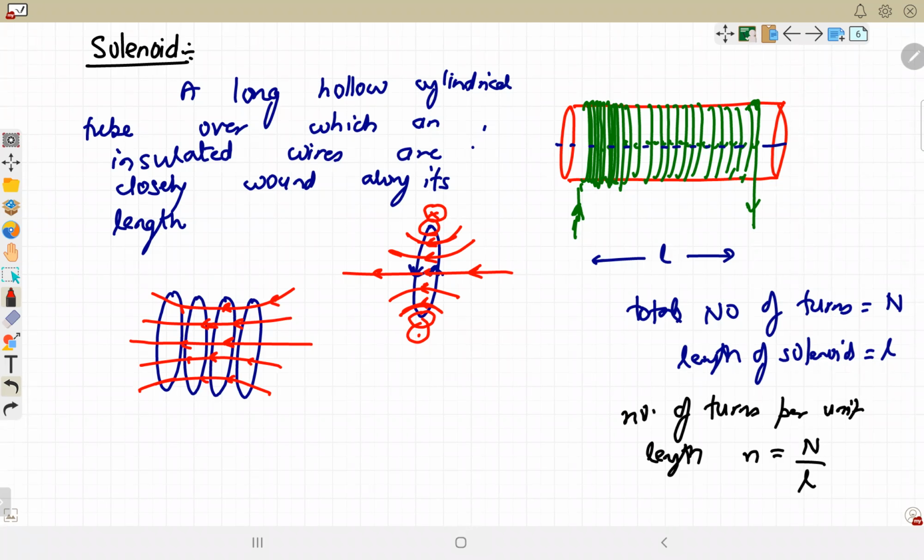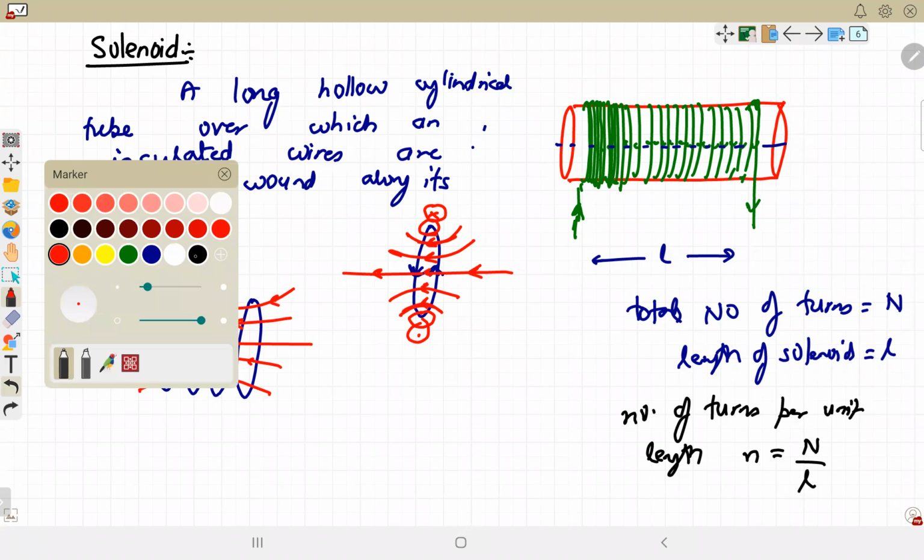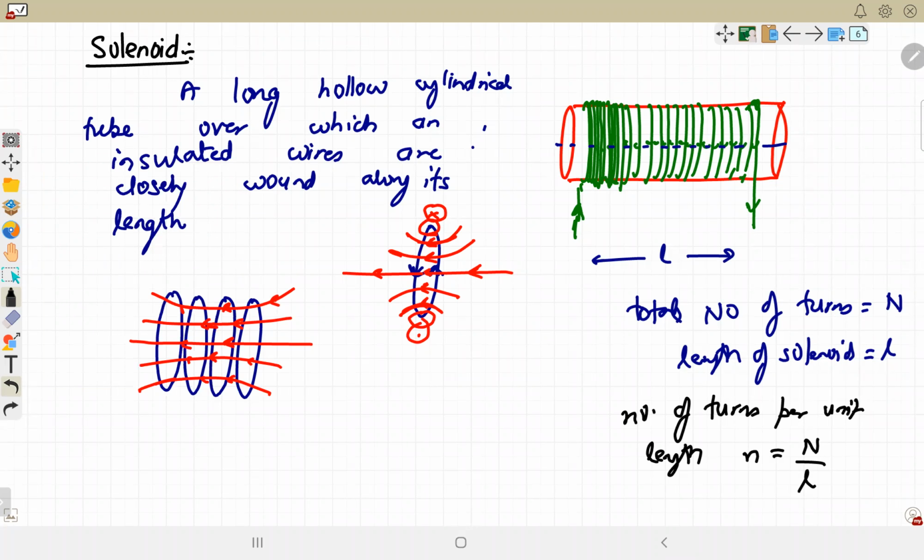In between, as it is closer, more number of magnetic field lines, closer it will be, more uniform will be the shape. That means it will become almost like parallel lines inside, and only when you start coming towards the circular part, it will become curved. So that will be the shape of magnetic field line, and then it will be like a closed loop, like that of a magnet.